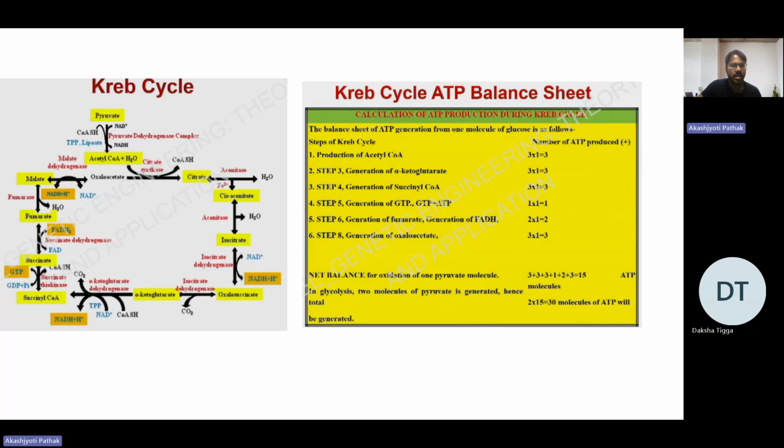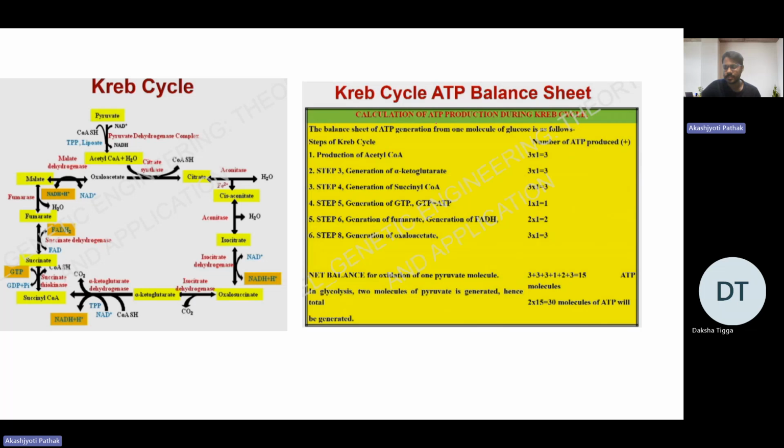Citrate is a 6-carbon compound. It is a tricarboxylic acid. So that is why the first product that is produced is called citrate, and that is why the Krebs cycle is also known as the TCA cycle, tricarboxylic acid cycle. Okay. Acetyl-CoA is how many carbon compound? Your pyruvate is a 3 carbon compound, isn't it?